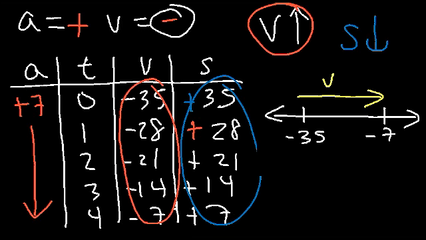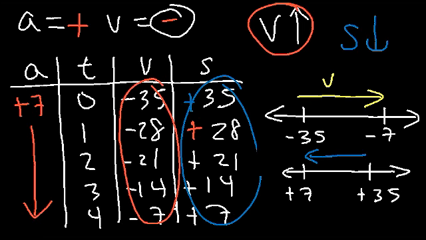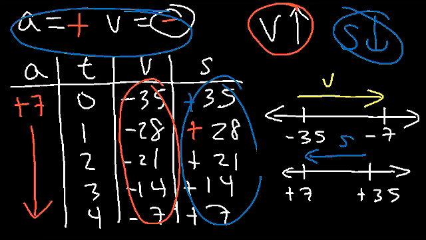Now, in the case of speed, it started at positive 35, but it decreased to positive 7. 35 is to the right of positive 7 on a number line, so the speed is decreasing. So as we can see, if acceleration and velocity have opposite signs, it's slowing down. But because acceleration is positive, the velocity is increasing.